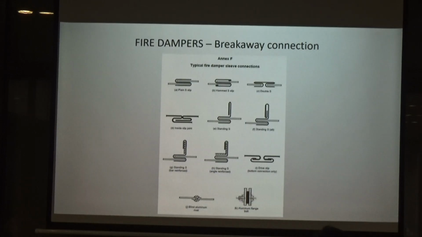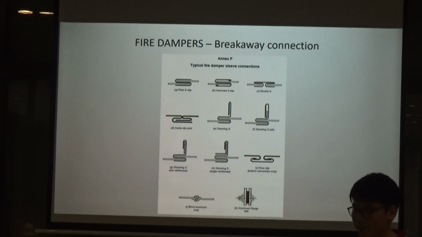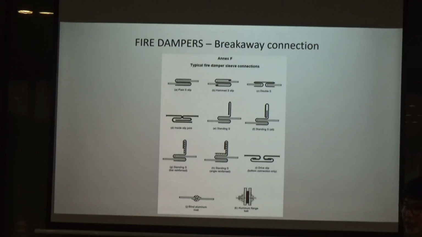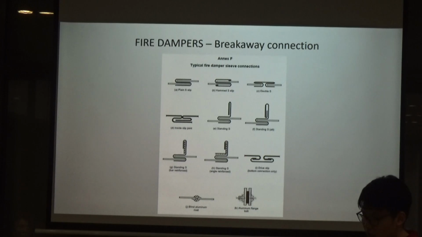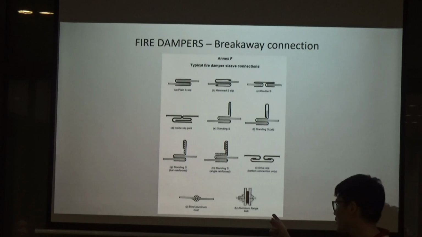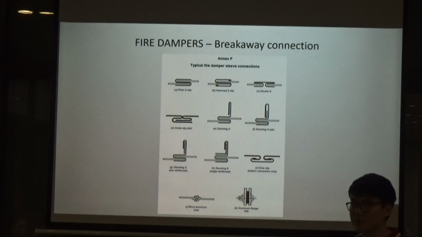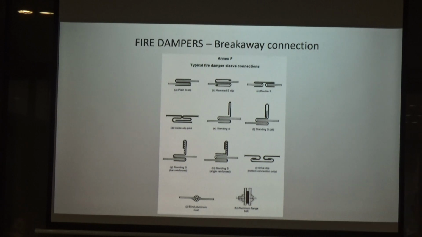So in SS333, these are some of our fire damper connections. Most of them are by slip jointing. If by bolting, they actually specify aluminium bolts or rivets, because aluminium will melt during fire.